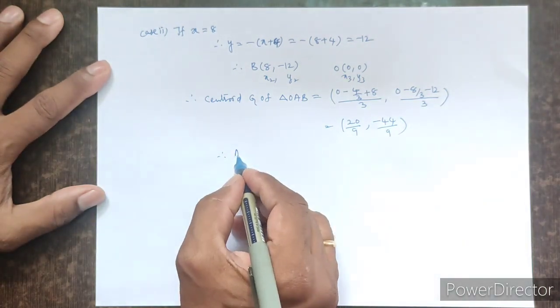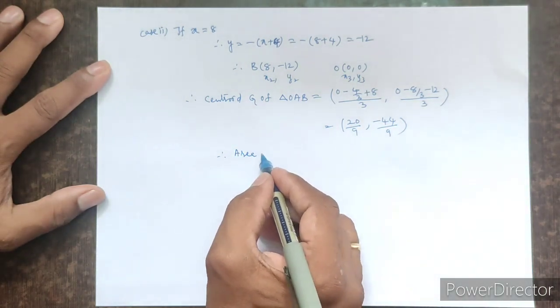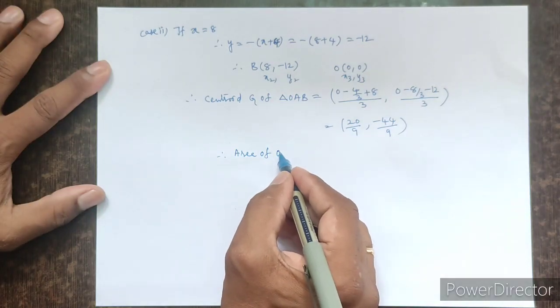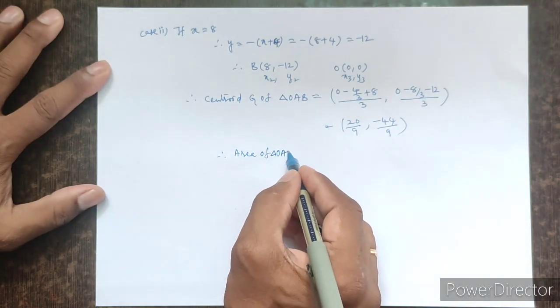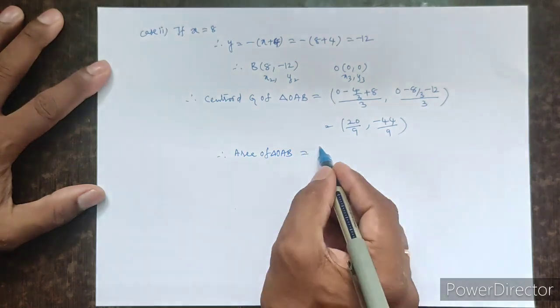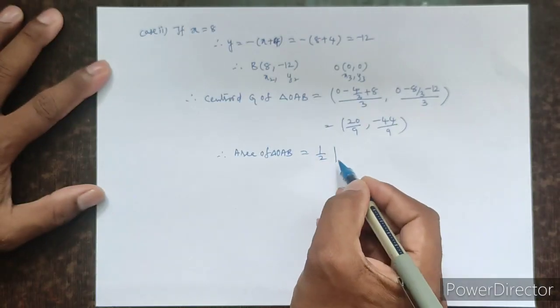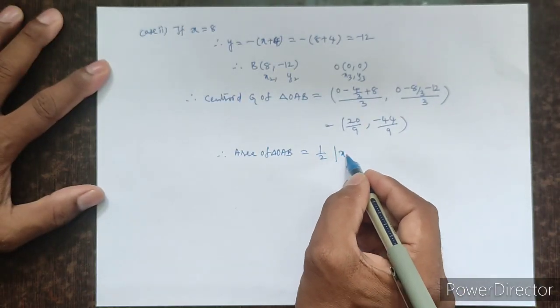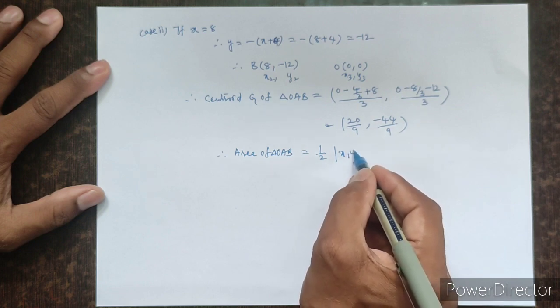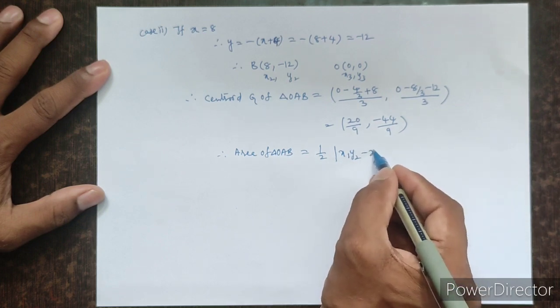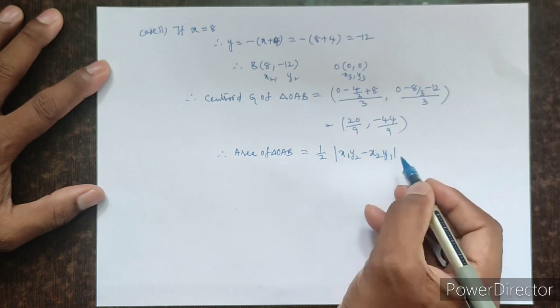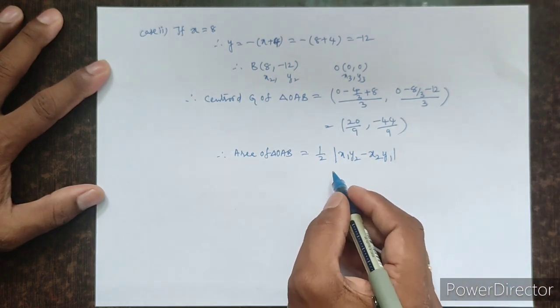Therefore, what is the area of triangle OAB? Already we had the formula: 1 by 2 modulus of (x1 y2 minus x2 y1).